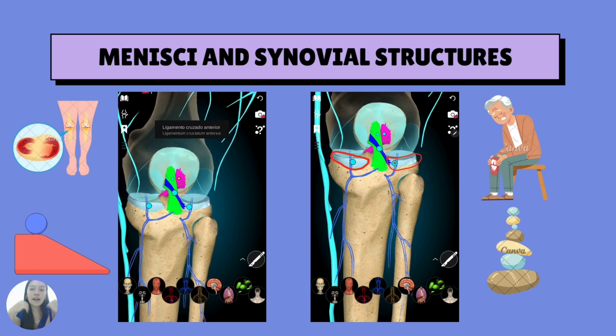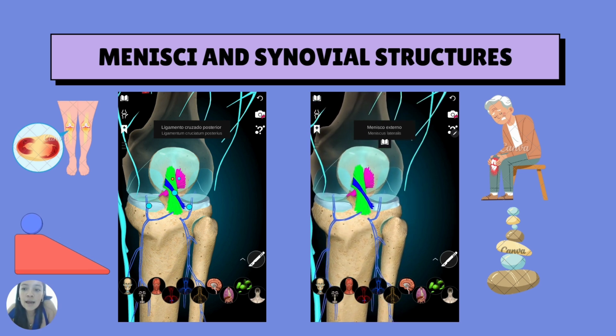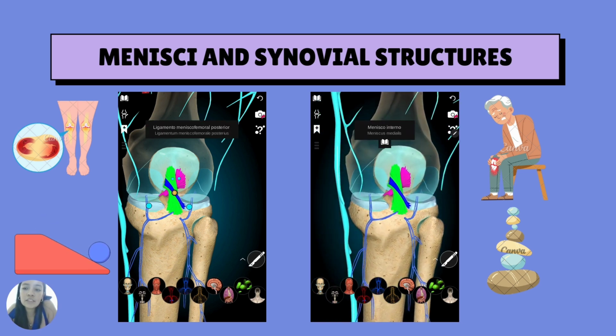The most notable is the suprapatellar bursa, located in the posterior and anterior part of the kneecap.